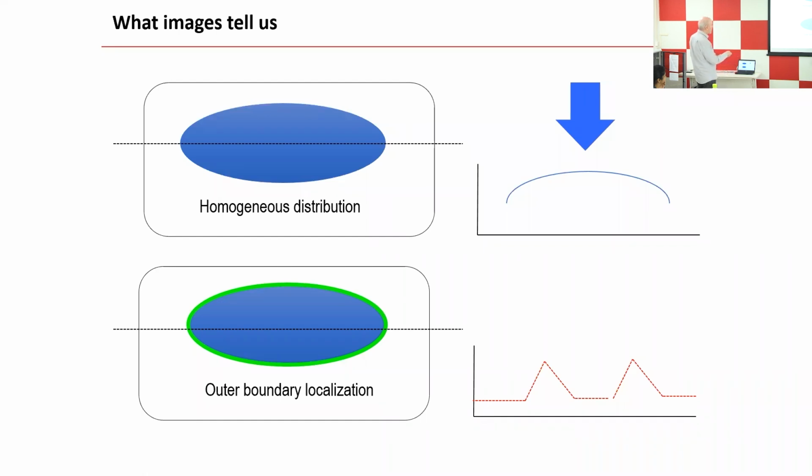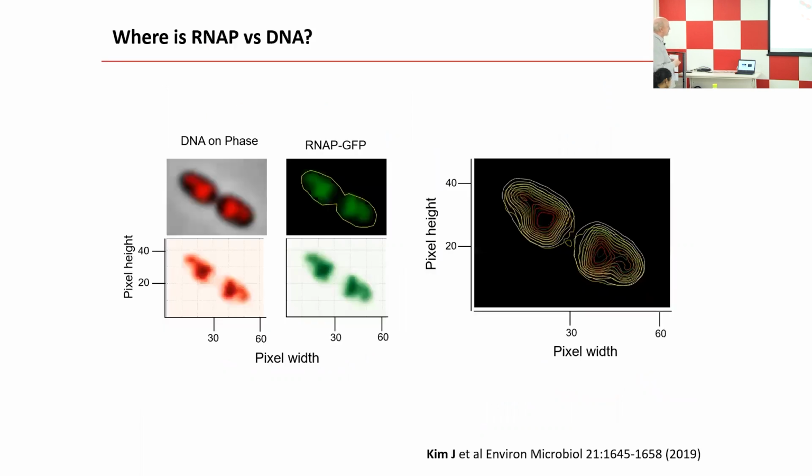But if the fluorescence comes from the boundary of the object, then you should observe that the signal at the sides is more intense than the one at the center. These are things that microscopists know very well and that allow them to do interesting things.